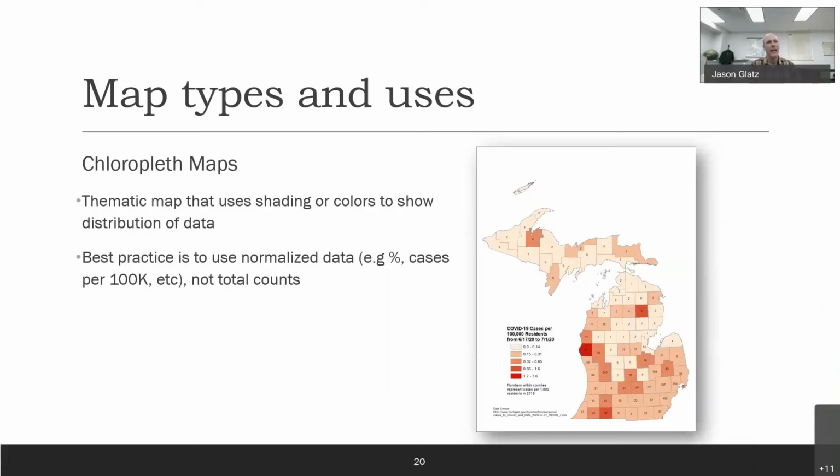As an aside, quite often you will see these choropleth maps that use total counts. And from a cartographic perspective, that is not best practice. Whenever you're using these, you should use standardized or normalized data somehow. So if you have percentages or cases per 100,000 or something like that, rather than just giving the raw number.